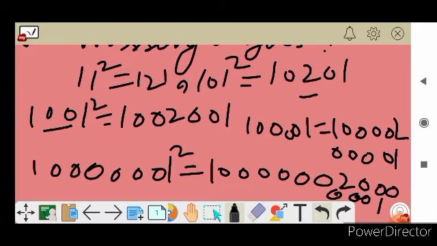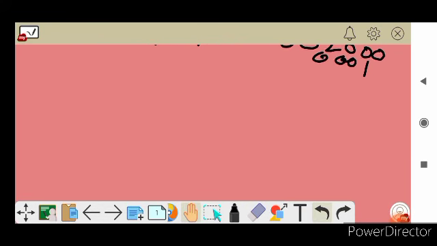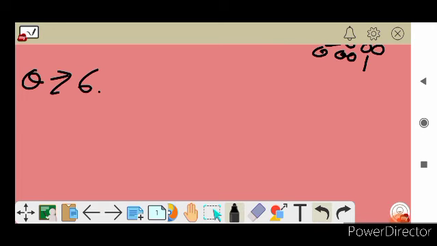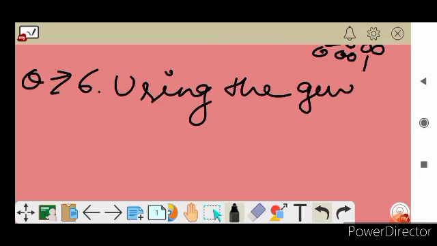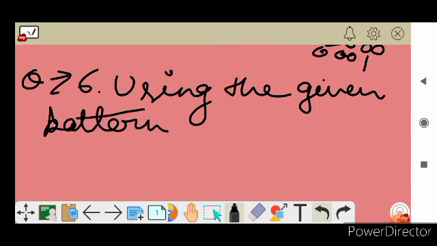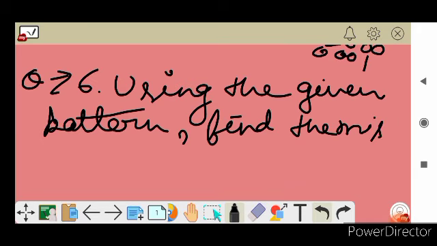So next we will discuss question number 6. Using the given pattern, find the missing numbers.